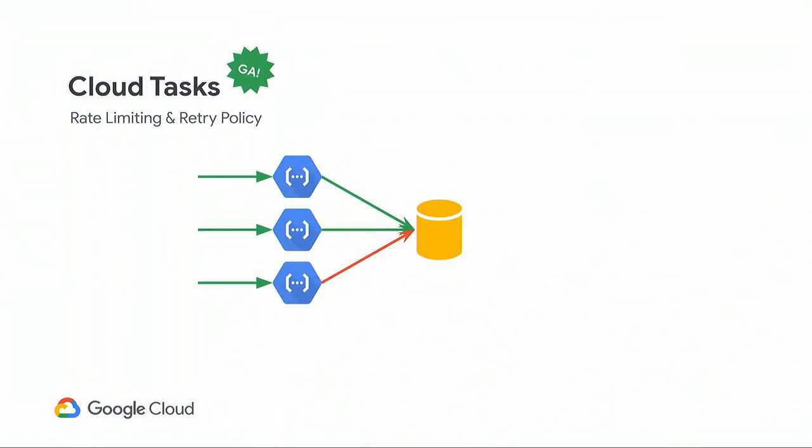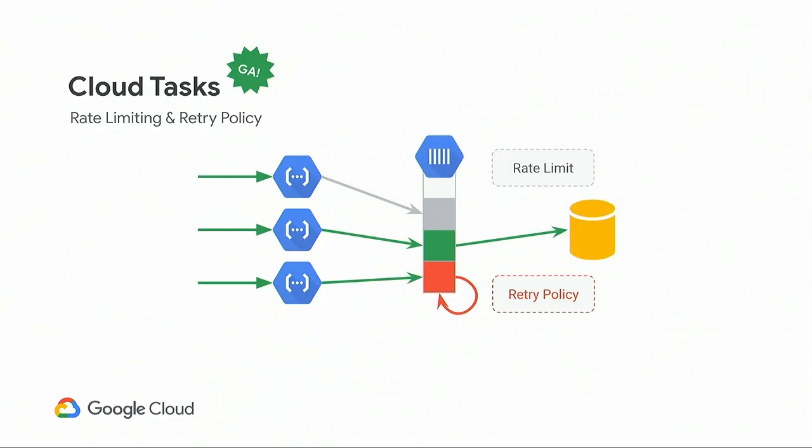Well, with a retry policy, with rate limiting in Cloud Tasks, let's say you had this situation where you exceeded the limit of the back end. So what you could do is put a queue in front of it using Cloud Tasks with a rate limit. So let's walk through this. You have a bunch of requests coming in to Cloud Functions.